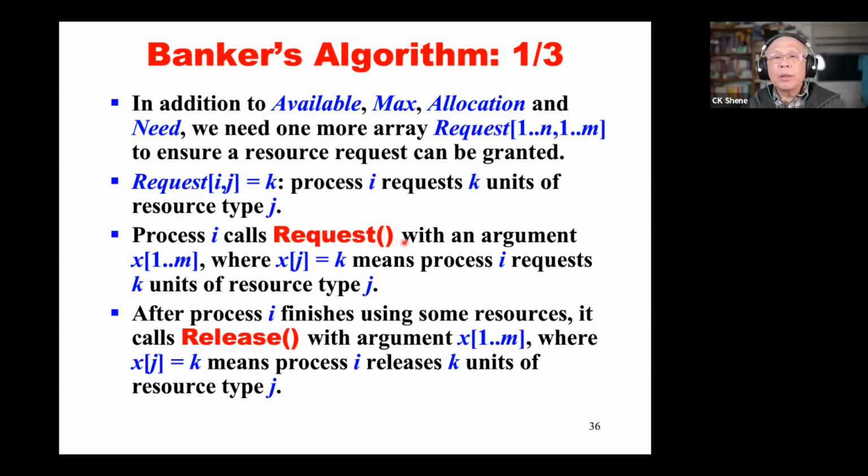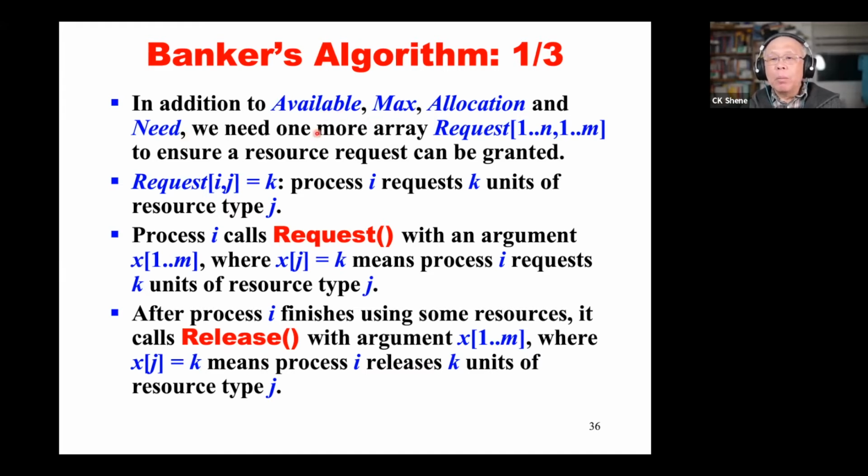Now, the banker's algorithm simply calls the safety algorithm. Hopefully, the safety algorithm would return that the system is safe. Then the request can be allocated. The banker's algorithm will use the four arrays we mentioned earlier: available, max, allocation, and need.